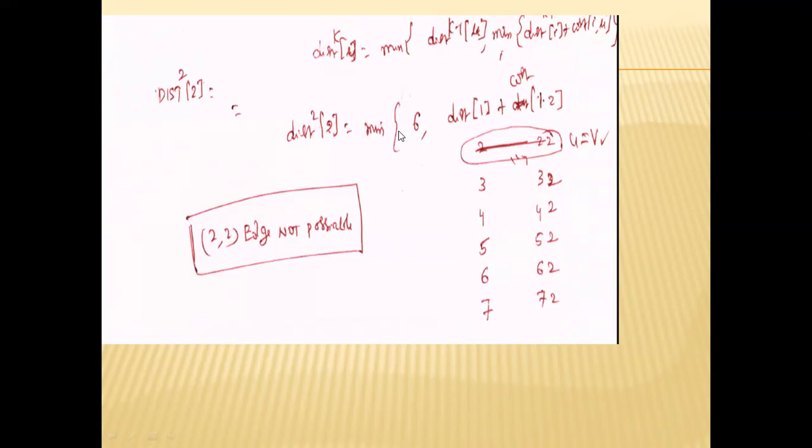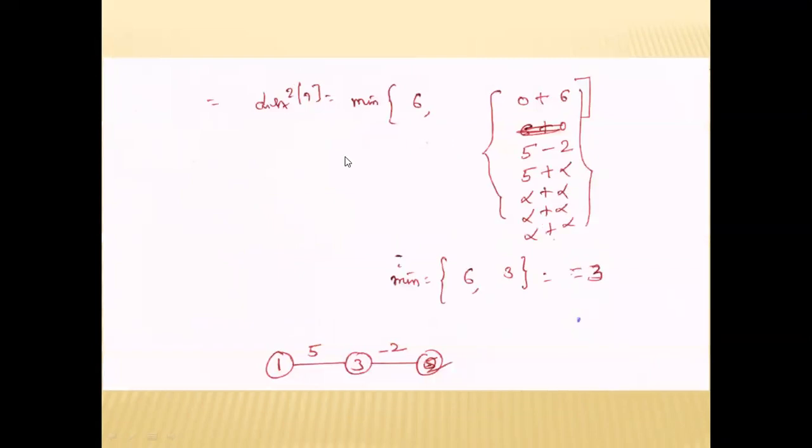So we are finding the minimum of all these numbers. Here we are using the formula: minimum of distance power k minus 1, that is, distance power 1 of u comma the minimum of distance power 1 of I plus cost of I comma u. So here distance power 1, first one 0 plus 6, that is distance power 1 of 1, 0, plus cost of 1 comma 2, which is 6.